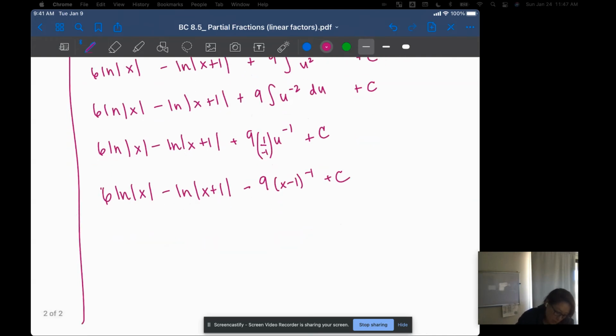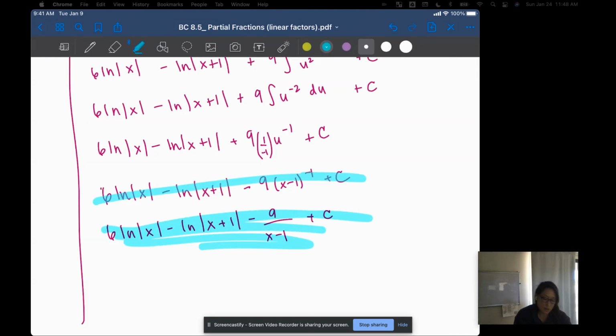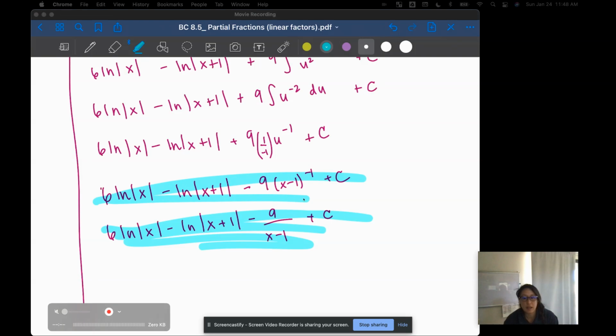I should put a plus c after all of these. You could stop there, but if you want, you can rewrite the problem with the x plus 1 in the denominator plus c. Okay, that's legal too. All right, and that's it for today.